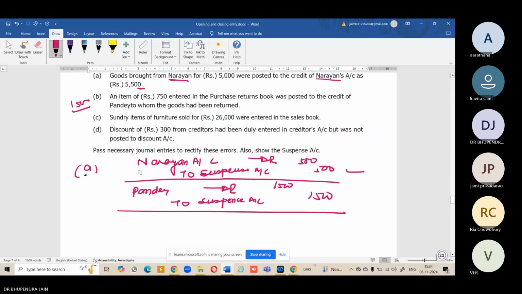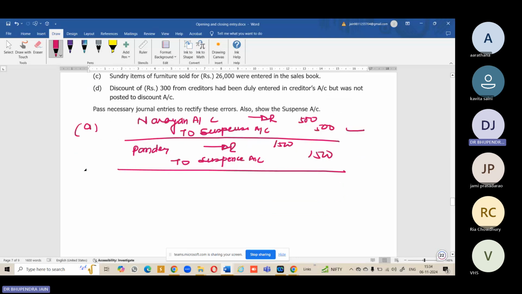Next, sundry item of furniture sold for rupees 26,000 was entered in the sales book. Basically, the entry should be cash account debit or bank account debit to furniture because the furniture was sold. But you passed the wrong entry with the sales book.